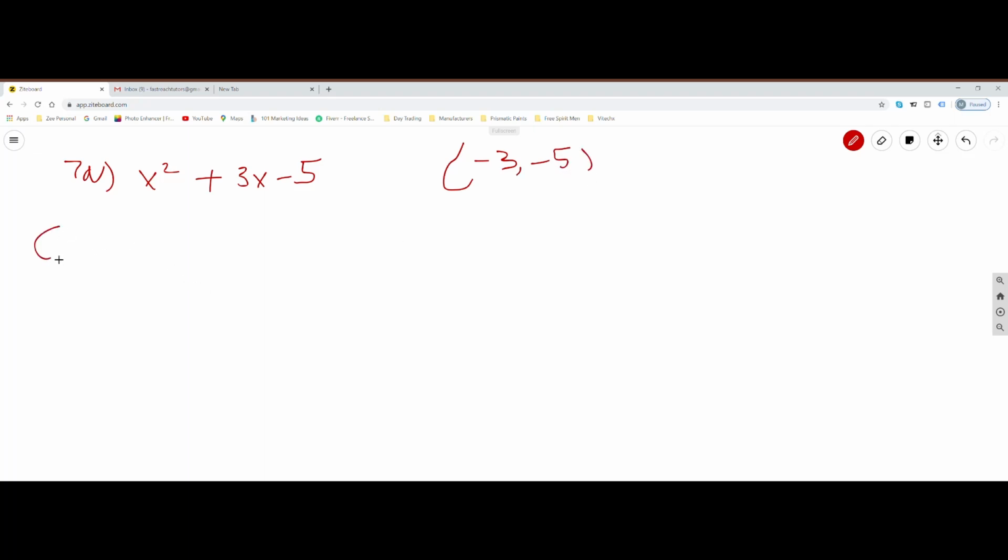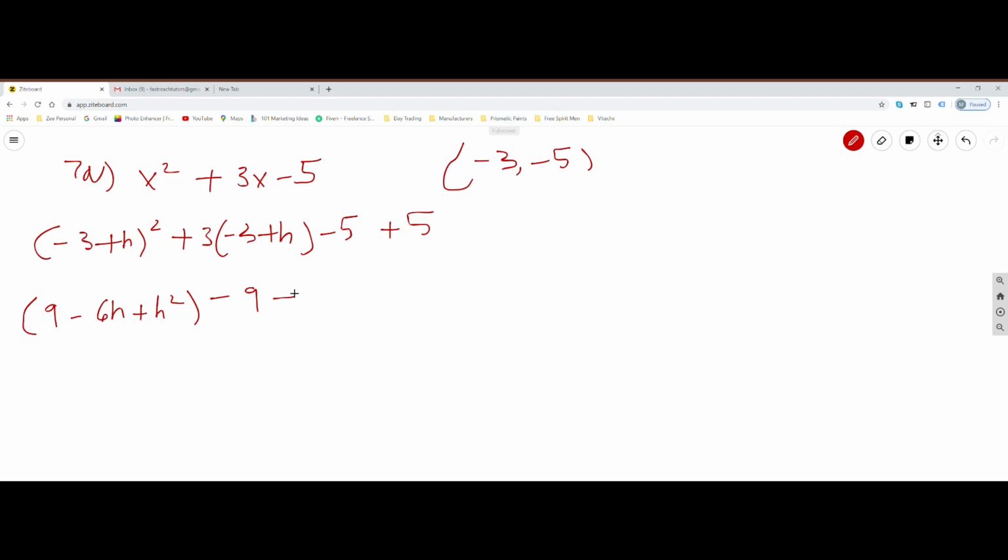You have (-3 plus h) squared plus 3 times (-3 plus h) minus 5, and since this is a negative number, it becomes positive. So you have 9 minus 6h plus h squared minus 9 plus 3h minus 5 plus 5.